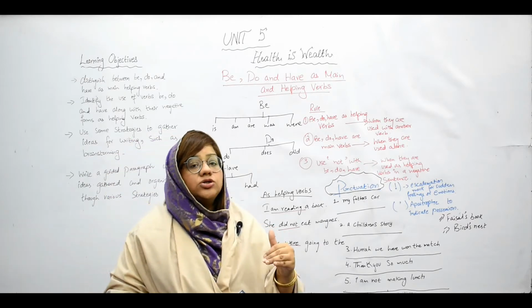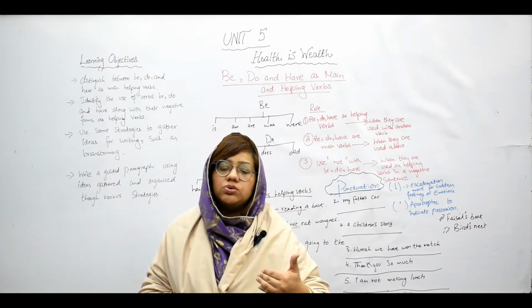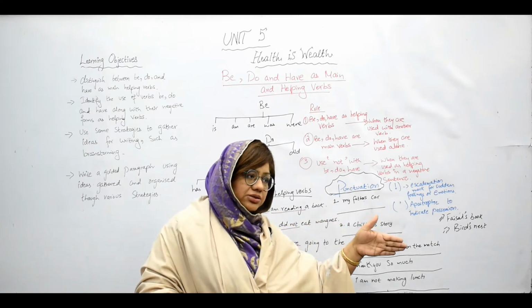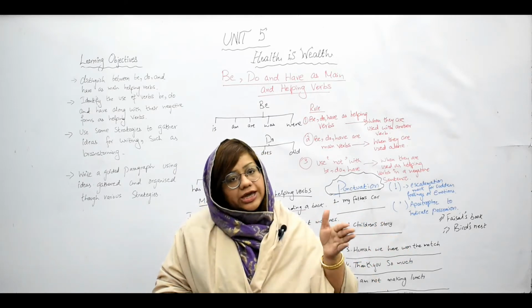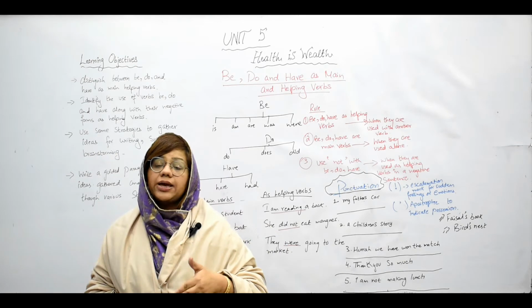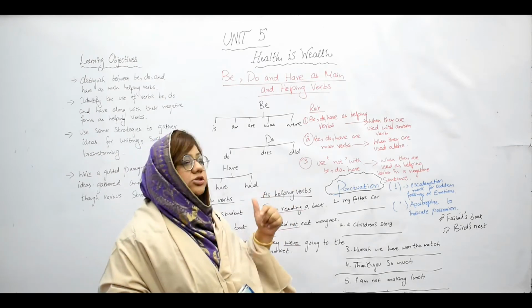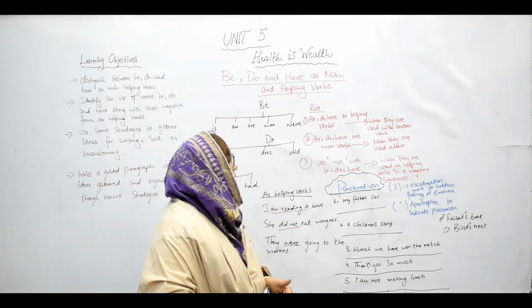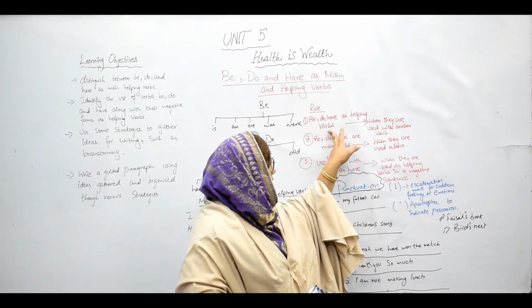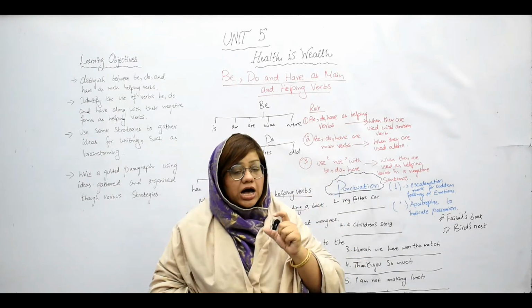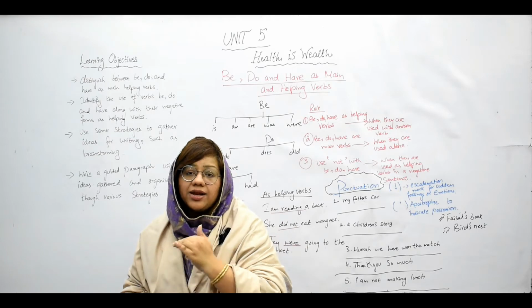Now, what is the rule of using be, do and have when they are used as a helping verb and when they are used as a main verb? So let's discuss the rule. You can see that be, do and have are helping verbs when they are used with another verb.